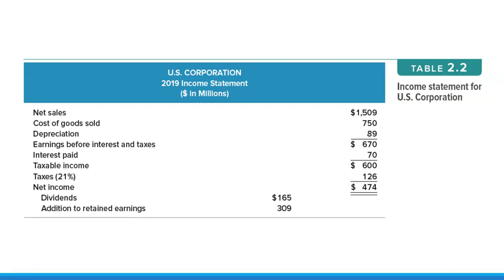Net income minus dividends is our addition to retained earnings within the equity section on our balance sheet. As of 2017, corporate tax rates are a flat 21%. Tax rates are, of course, subject to change as Congress changes tax rates.